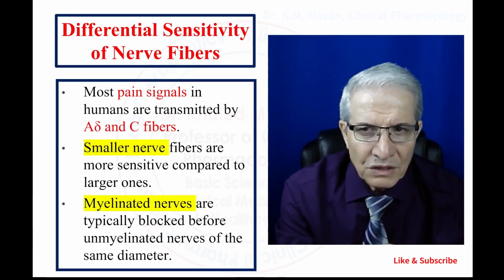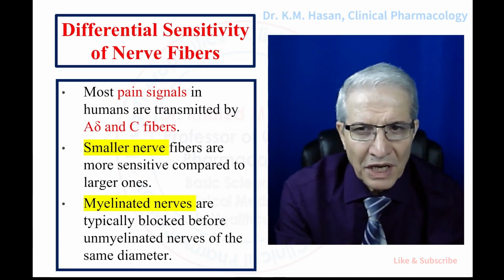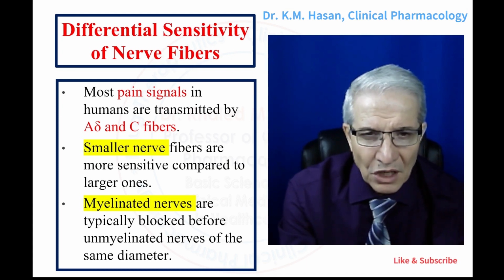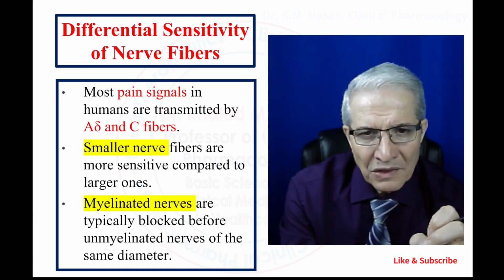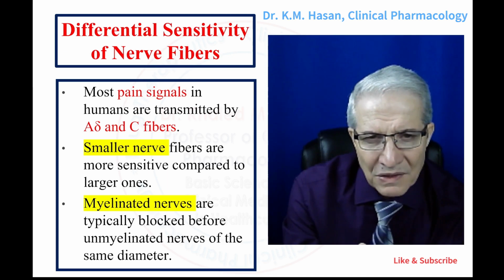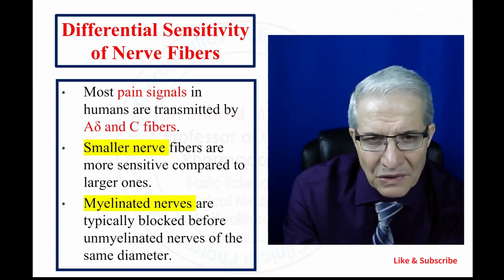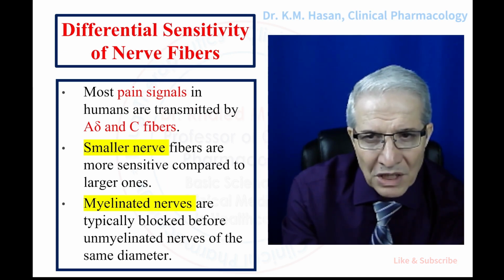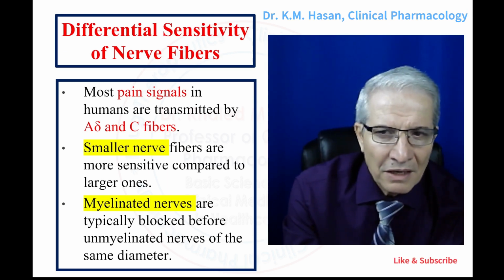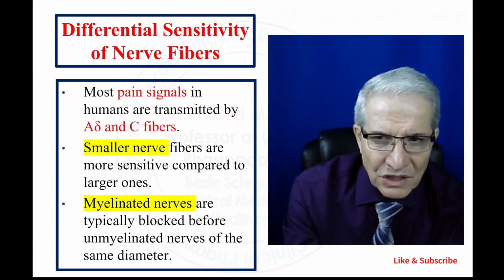As you can see from the slide, we have differential sensitivity of nerve fibers towards local anesthetic. When we apply local anesthetic, the first sensation to disappear will be the sensation of pain. The question now is, which nerve fibers are responsible for transmitting pain?